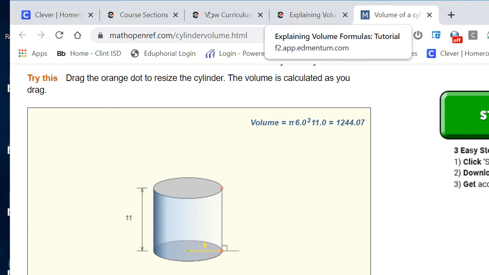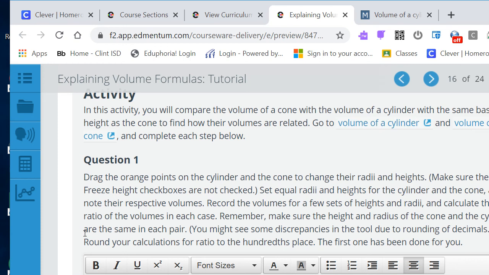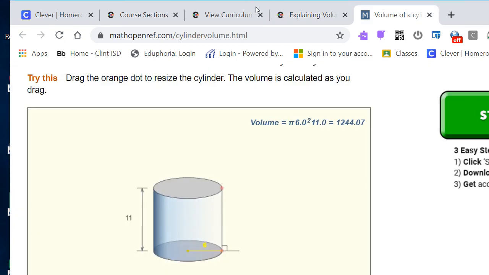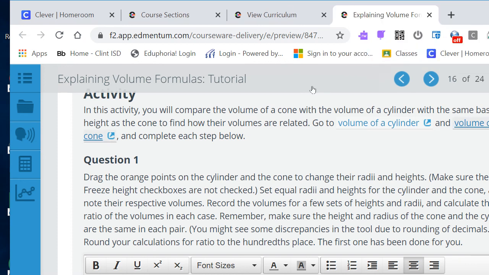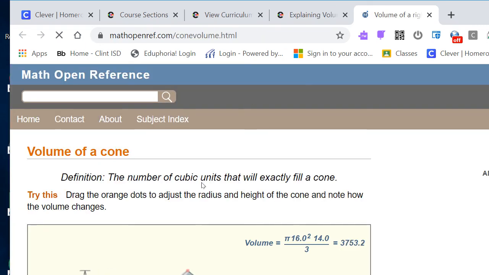Okay? So radius of 6, height of 11, and then I go back to my, whoops, that's a cylinder. Volume of a cylinder, and it's 1244.07. Then I do the same thing for a cone. So now I'm going to open the link for a cone, and then I'm going to put radius of 6, height of 11.